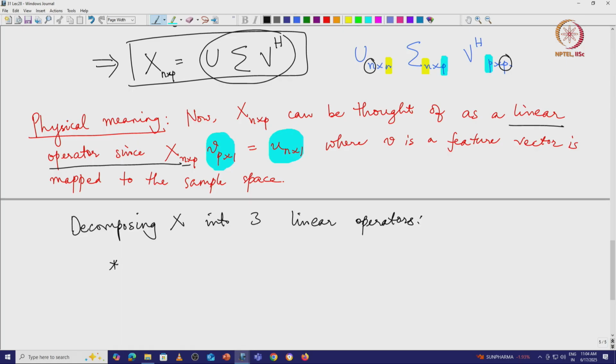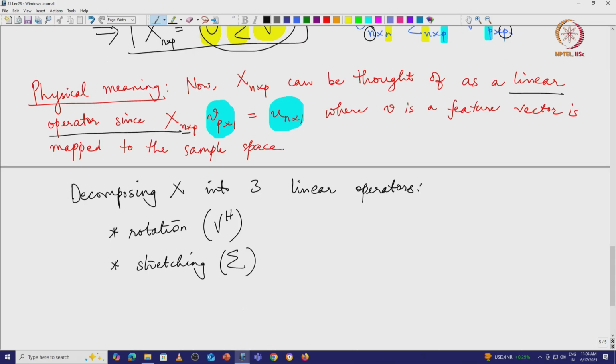When you operate X on V, first that V will be operated by V Hermitian, then it will be operated by sigma, and then it will be operated by U, right, because matrices always work right to left. So, first you are doing a rotation which is represented by the matrix V Hermitian transpose, then you do stretching, right, using the diagonal matrix sigma, and then you have another rotation.